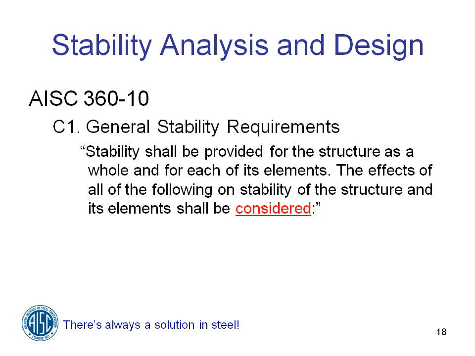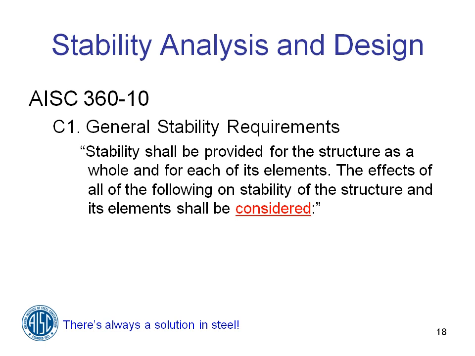So under general stability requirements, no matter how you're going to end up analyzing your structure, stability must be provided for the structure as a whole and for each of its elements. The effects of all of the following, and we'll see the list in a moment, on stability of the structure and its elements shall be considered.